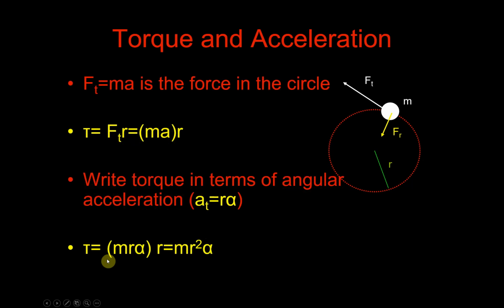So torque can also be mr alpha times r, which will give you mr squared alpha. This is used a little more rarely, and usually torque is equal to r times F. It's usually quite sufficient. Or you can figure out what a is here and substitute in. But this is a version that you might see, or could derive should you need it.